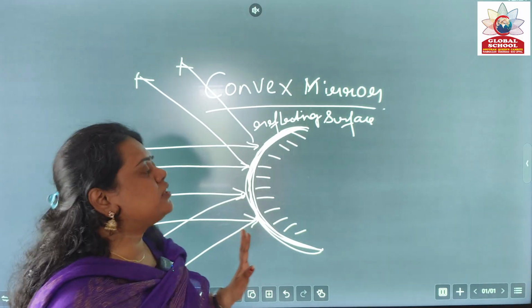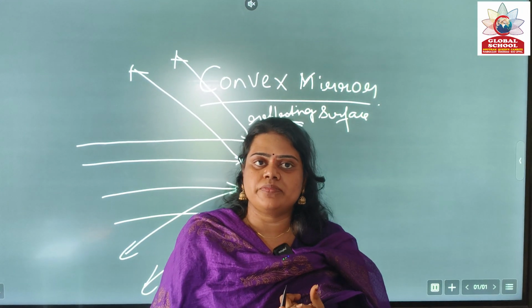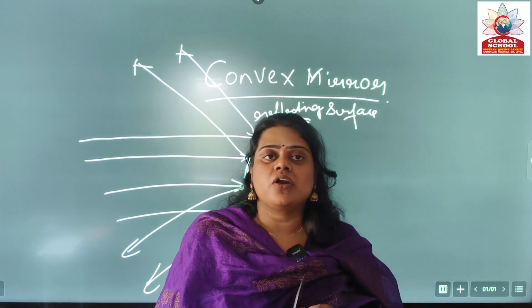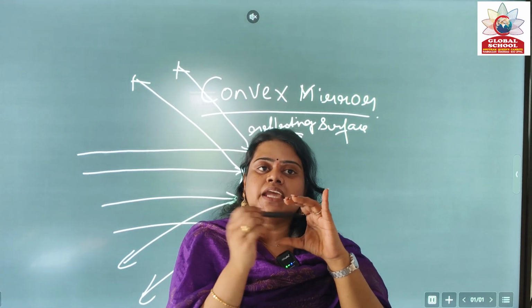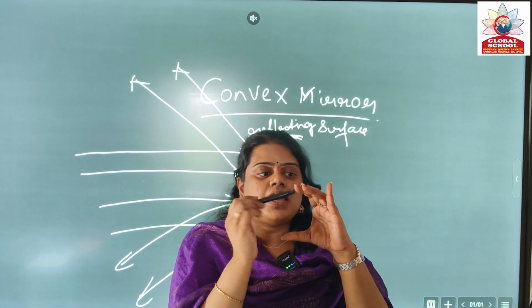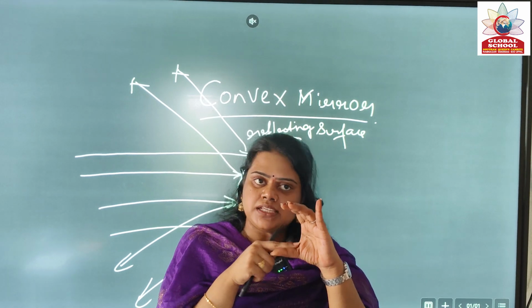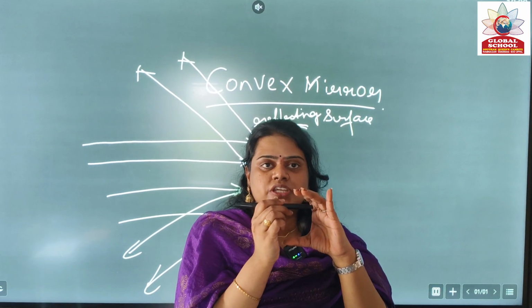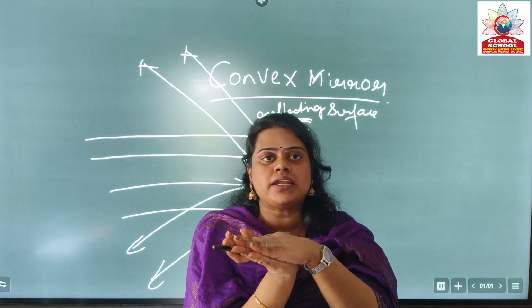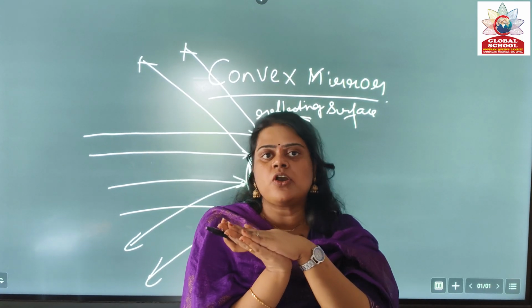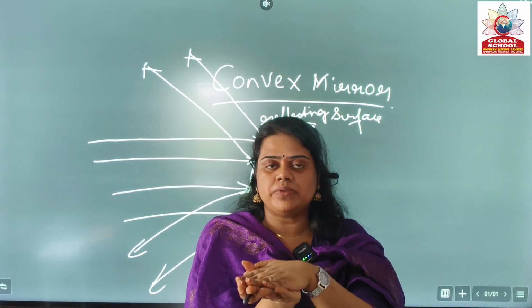So I hope you understood the differences between a concave mirror and a convex mirror, where a concave is a C-shaped mirror where the light is entering inside the C and the reflecting surface is inside the C. The light is touching it and moving forward, and they all are coming together at a point. That is the reason concave is called a converging mirror.